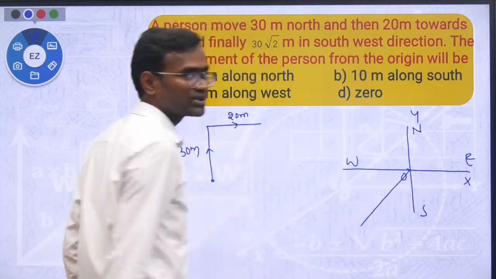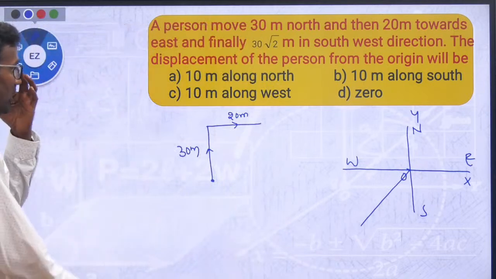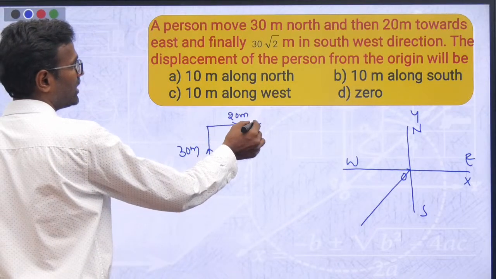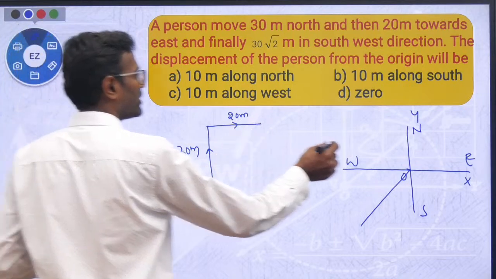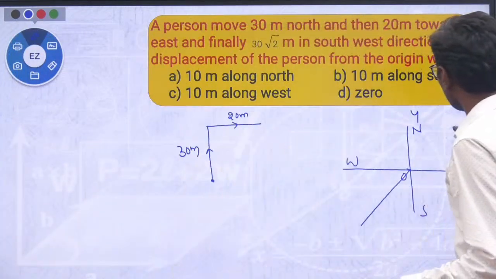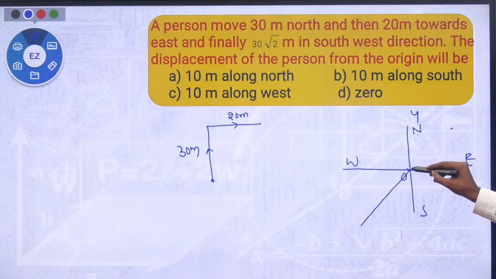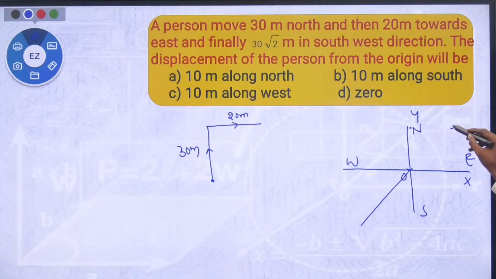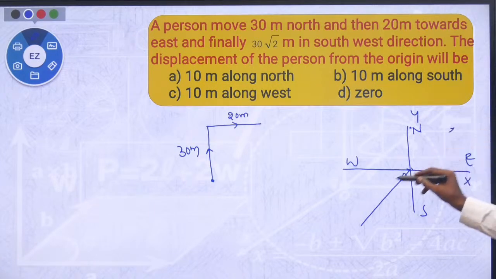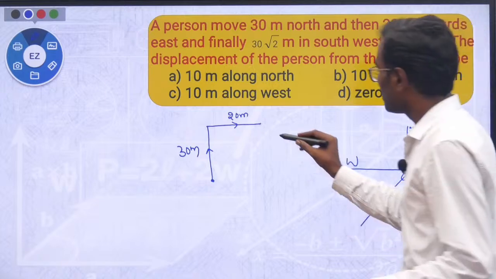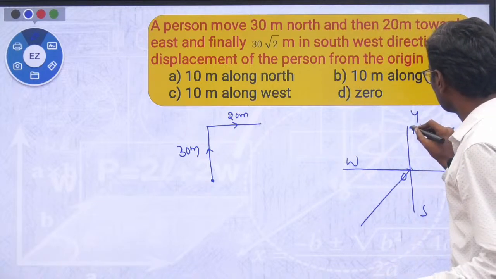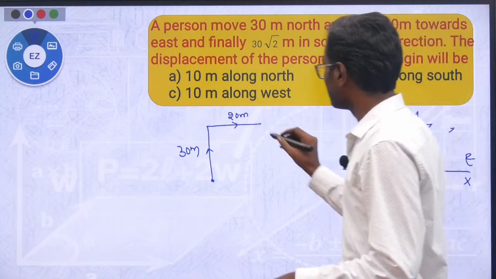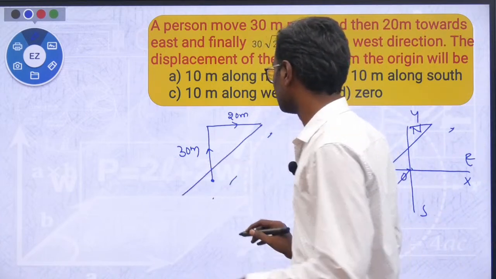So in which direction does he travel? He was here, this is the origin point, this is the 30 meters, this is the 20 meters, and now he is moving southwest, like this.